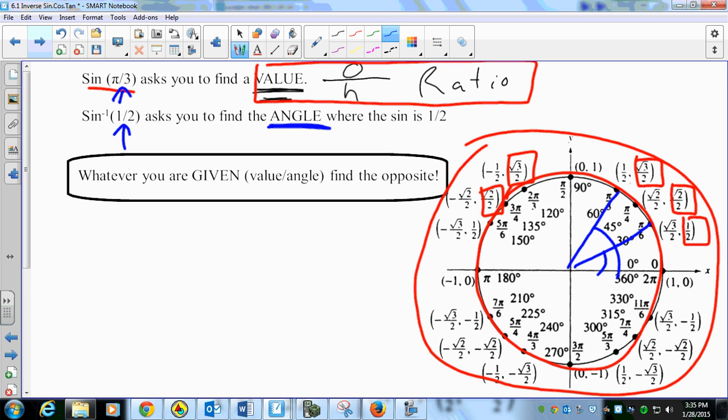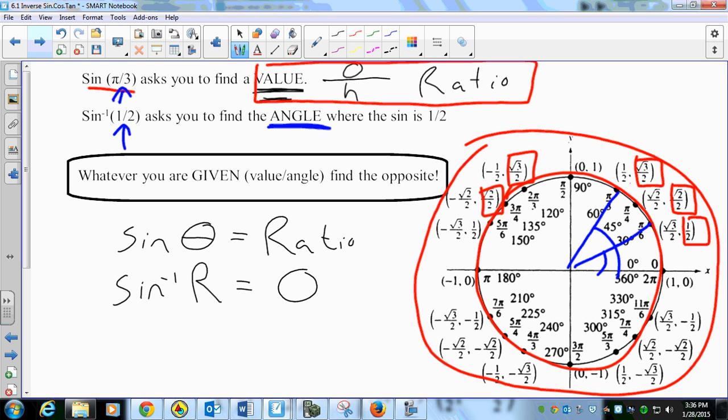So notice when you're doing these, it's having a good basis of understanding that the sine of theta, your angle always goes there, is equal to your ratio, okay, and that your inverse sine function, your input is the ratio, and what you'll find is the angle that you're searching for. So making sure you understand the similarities and differences in those two equations.